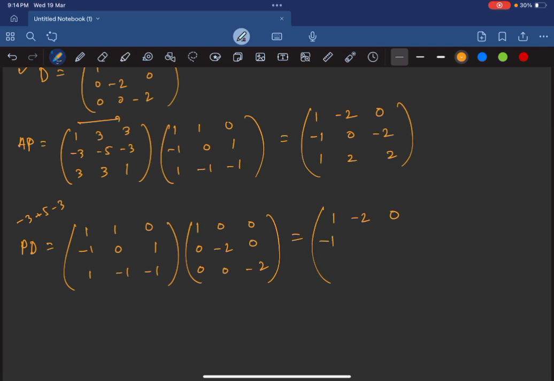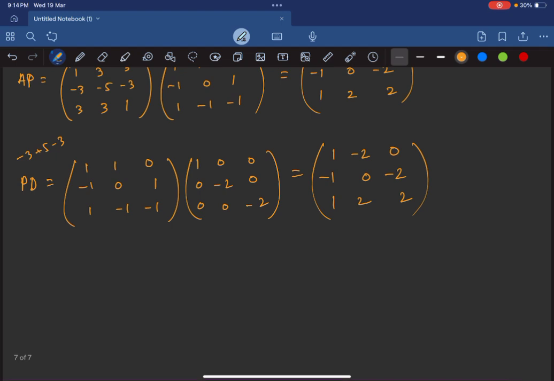So here we have minus 1, here 0 0 0. Here 0 0 minus 2, here we have 1, here we have 2, and here 2. So both are the same. So AP is the same as PD. So AP equals PD, that is A equals P D P inverse, that is A is a diagonalizable matrix, A is similar to D.